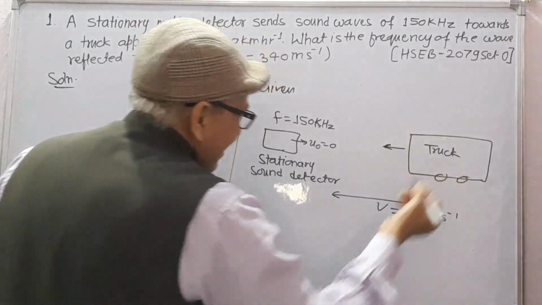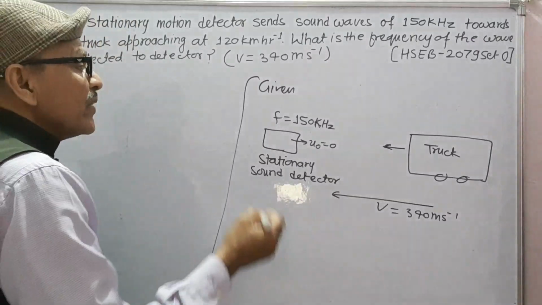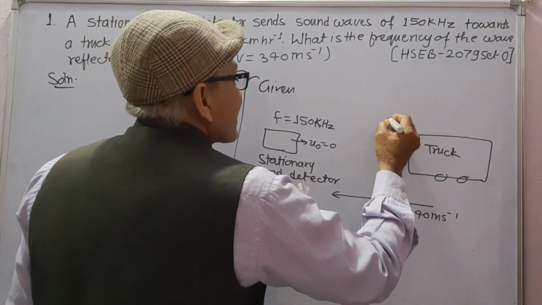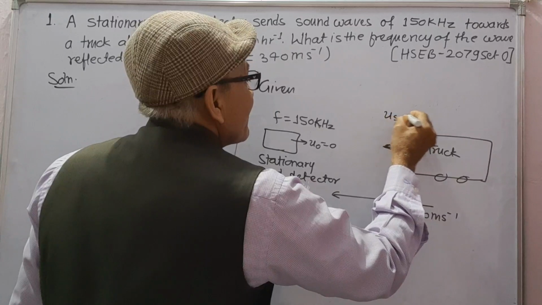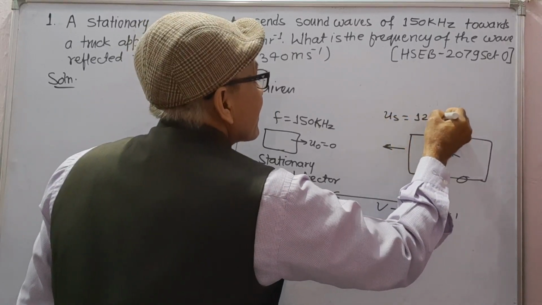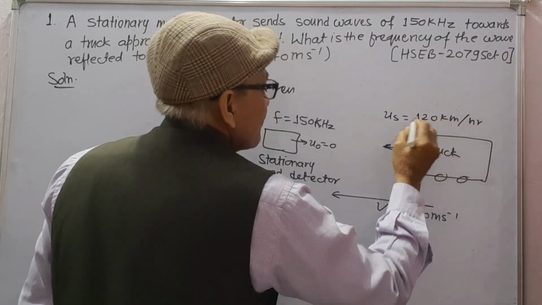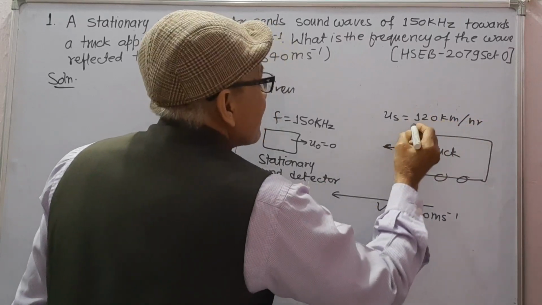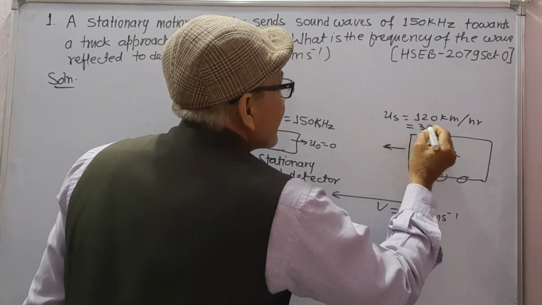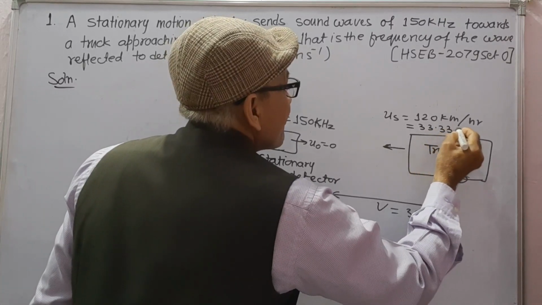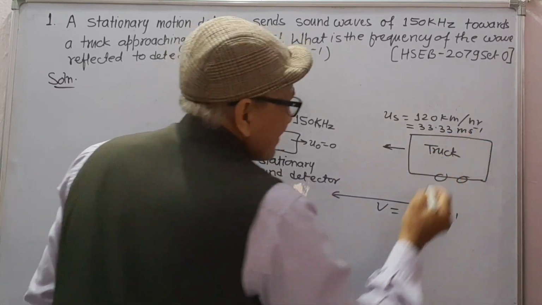This is acting as source due to echo, therefore u of source will be equal to 120 km per hour, which is equal to 33.33 meter per second.